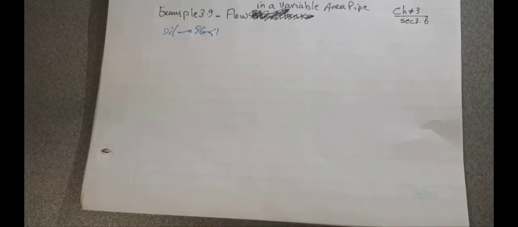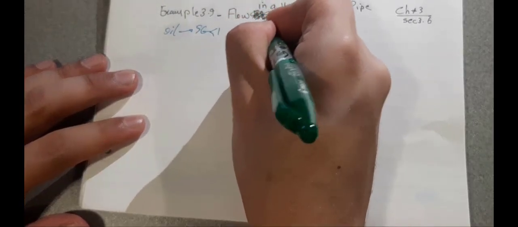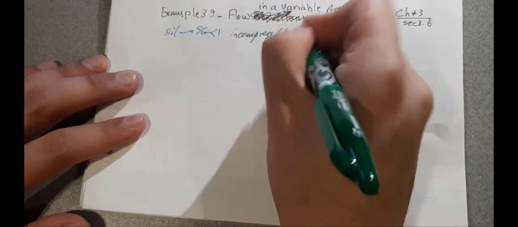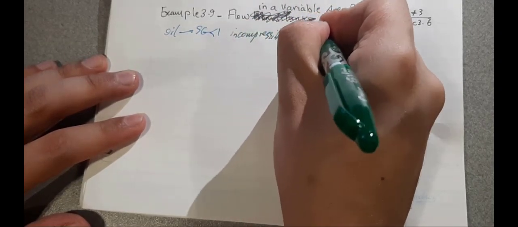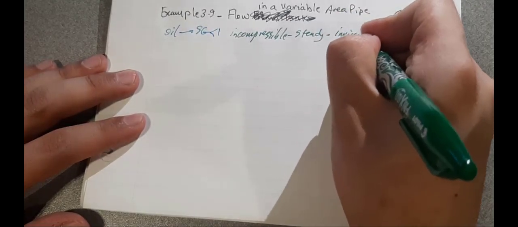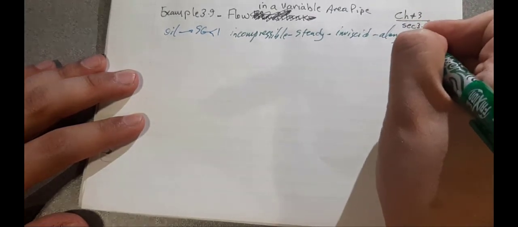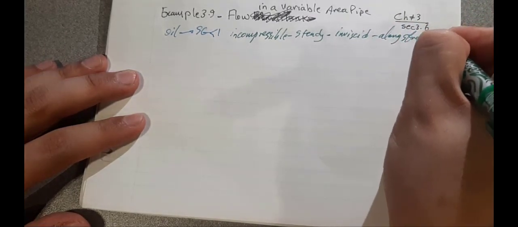So as you see, we are considering again incompressible, steady, and inviscid flow along a streamline.